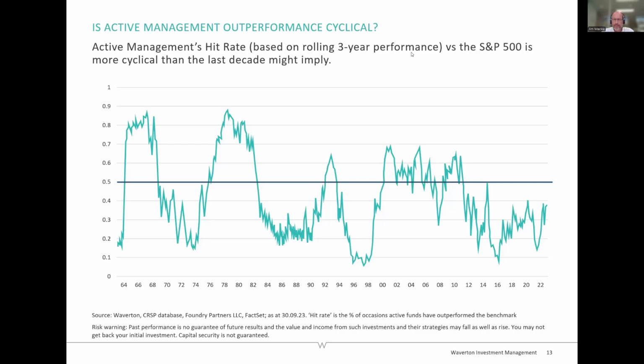And you can see here, this is active versus passive. If the green line is above the horizontal black line, that means active managers in the US versus the S&P 500 index have performed better on average than the index. But you can see the last 10 years or so, it's definitely been the index that has outperformed.